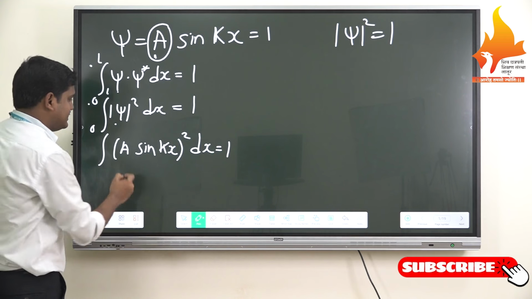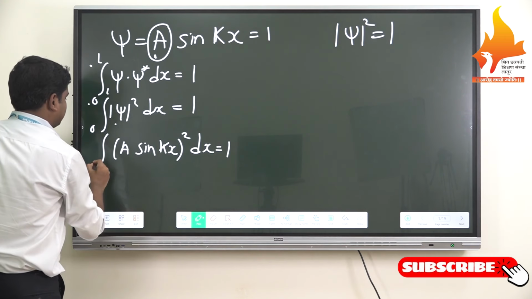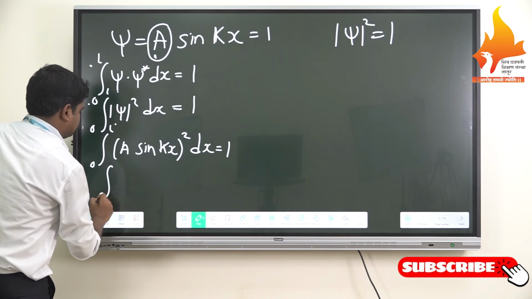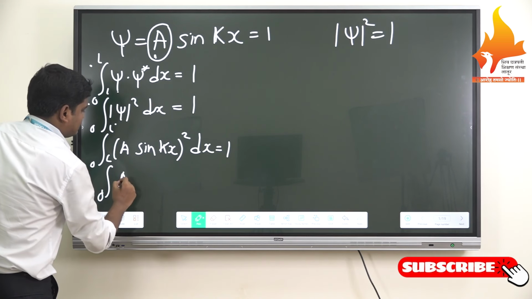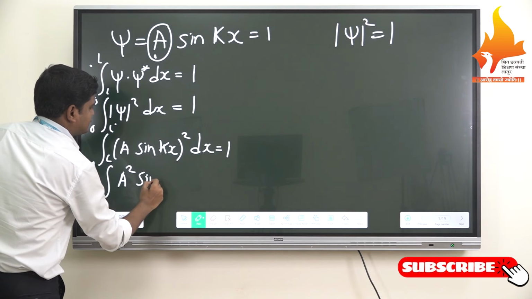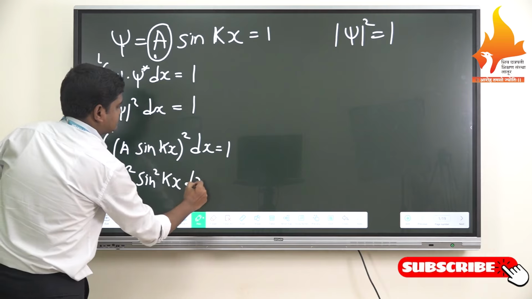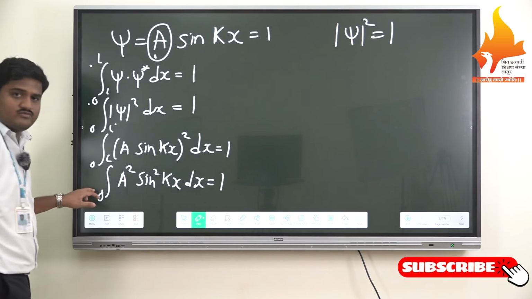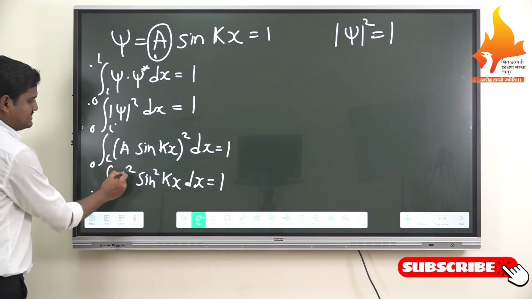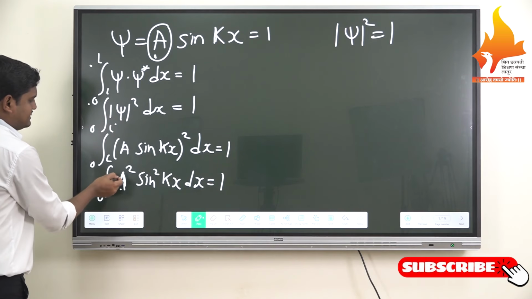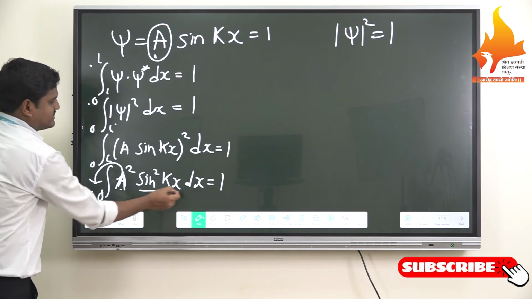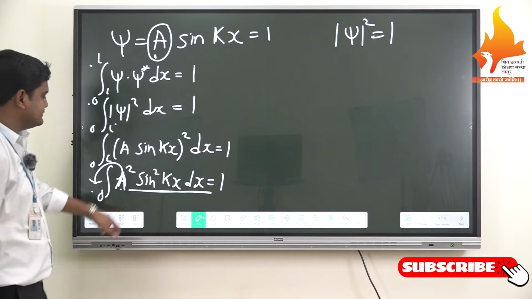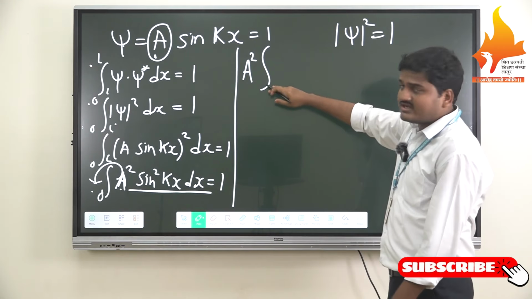Let's take the square of a and sine kx, which gives the integral from 0 to L of a square sine square kx dx equal to 1. Since a is a constant, let's take it outside the integration and solve this equation. So we take a square outside.